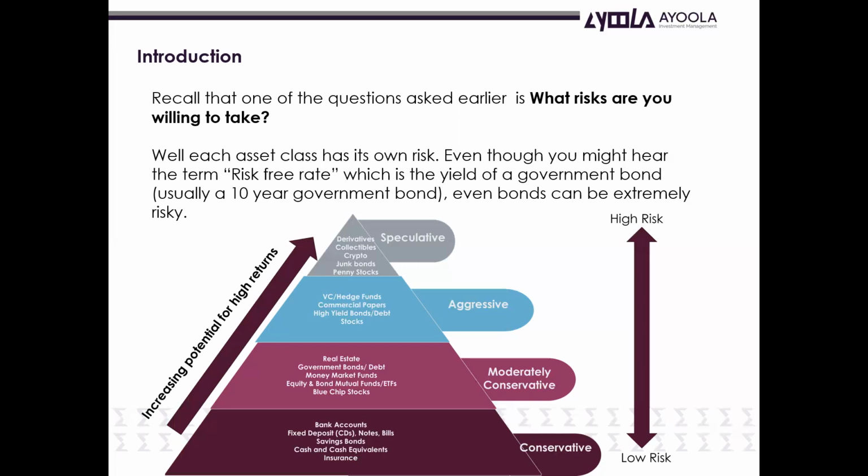And you notice that from the bottom of the pyramid to the top, you're increasing your potential for high returns. I'm sure we are all familiar with the term high risk, high reward. So that is what this is discussing. Obviously the bottom is cash and cash equivalents, insurance. You have your savings bonds and all the likes, all the way to the top.